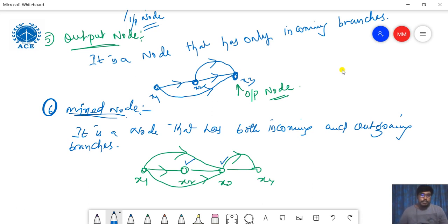For example, this one, in any SFG. Here x2 and x3 are the mixed nodes.